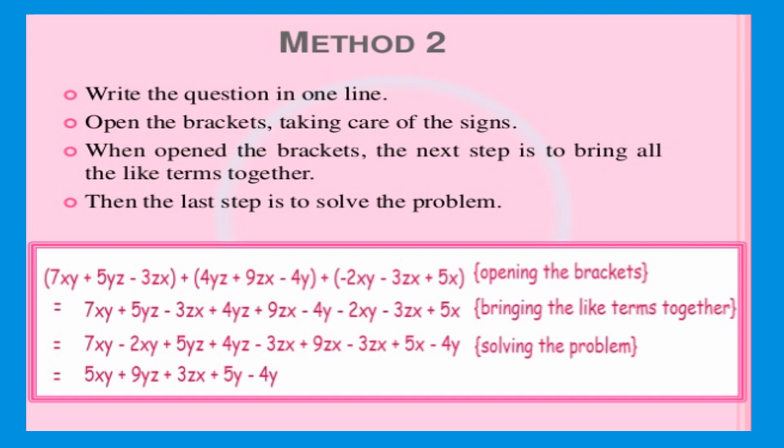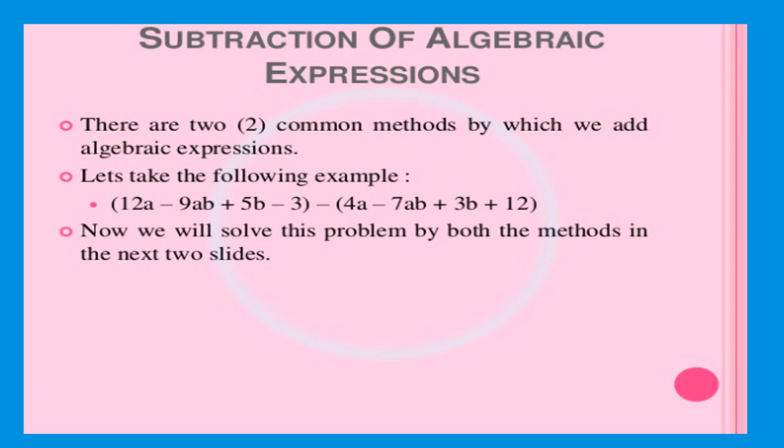Now it is easy. 7 take away 2 becomes 5xy. 5 plus 4 becomes 9yz. Here, minus 3 and minus 3 becomes 6, 9 take away 6 gives plus 3zx, plus 5x, minus 4y. This is another method. You can work out these sums by any method.